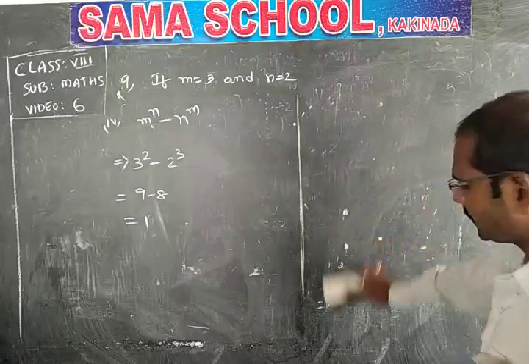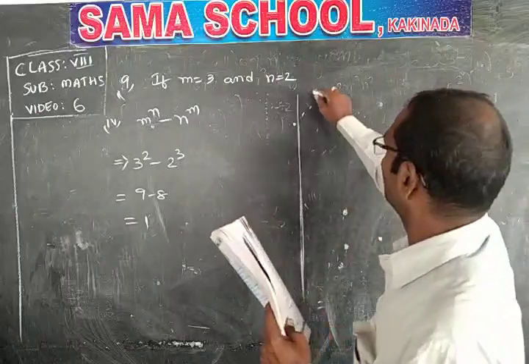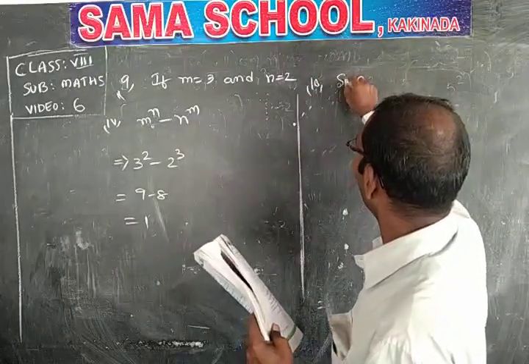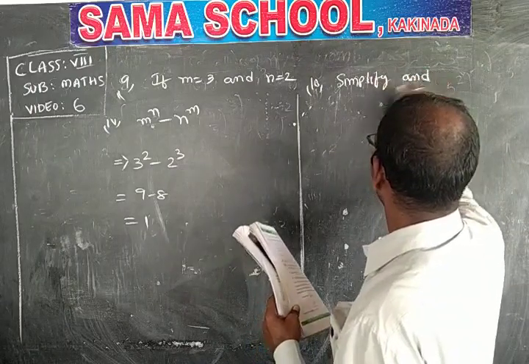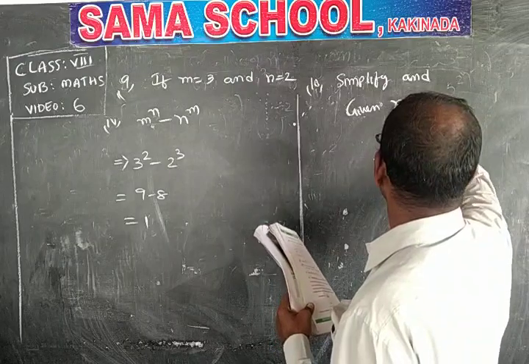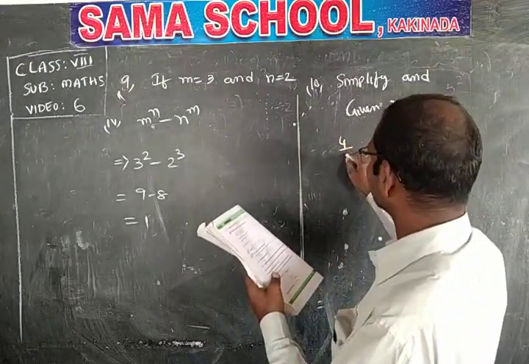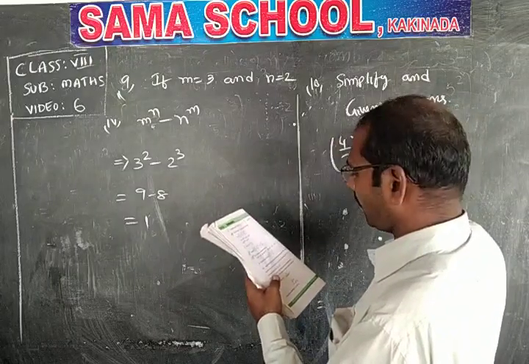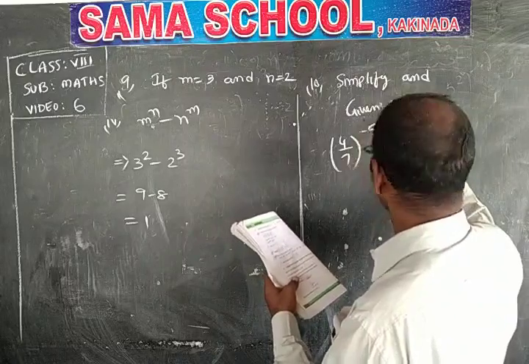What is the last sum in this exercise? Let us see. Simplify and give reasons. What is given here? 4 by 7 whole power minus 5 into 7 by 4 whole power minus 7.